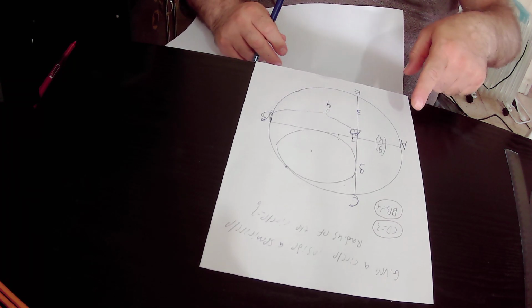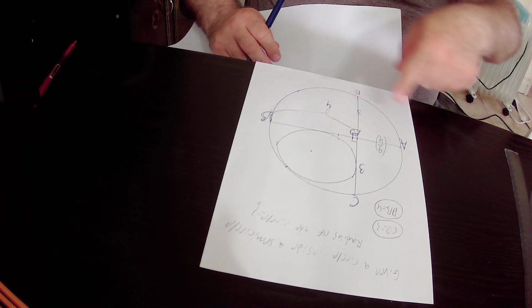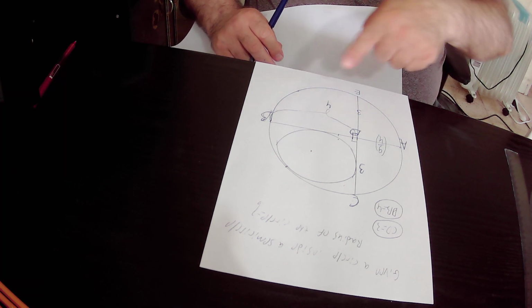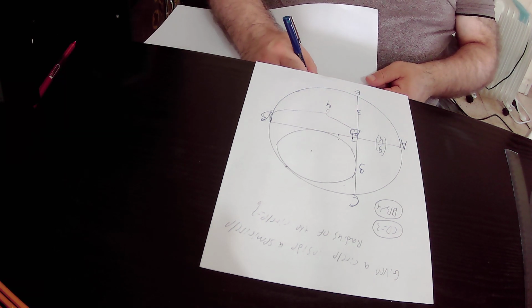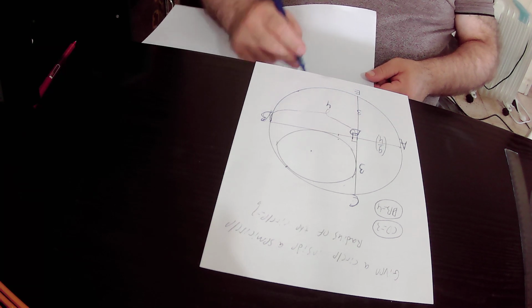And what is the value of the diameter AB? AB equals AD plus DB.